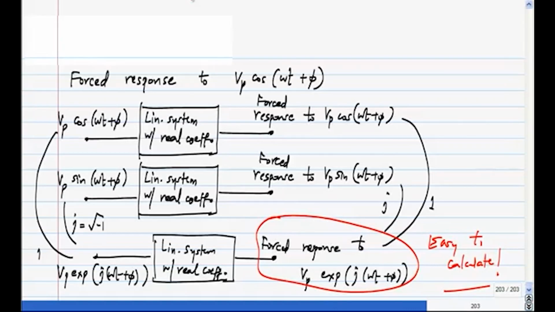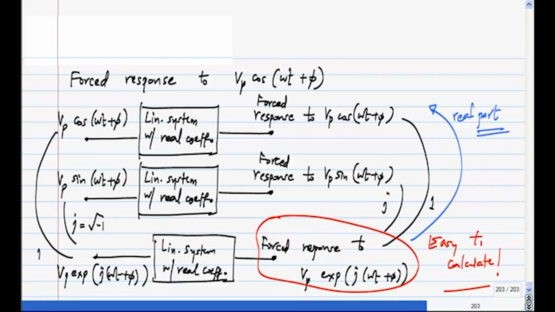That's the signal we are feeding in. Because the linear system had only real coefficients, the only place where you get this square root of minus 1, the j, the imaginary part in the whole picture, is because you multiplied it here. So to go back to this, you take the real part. Lots of analysis is based on this.